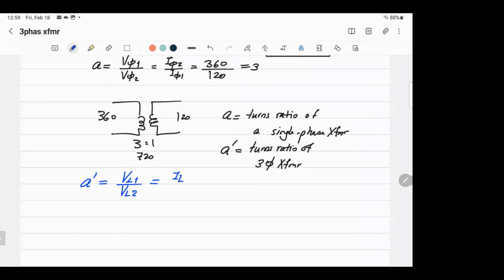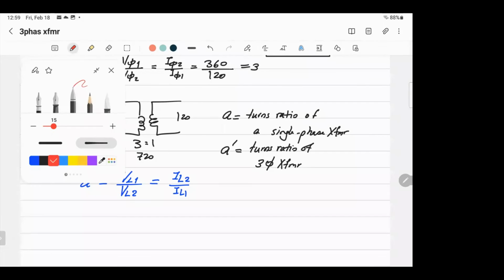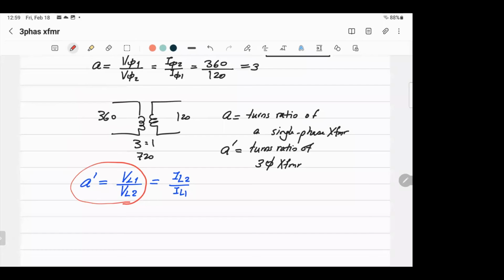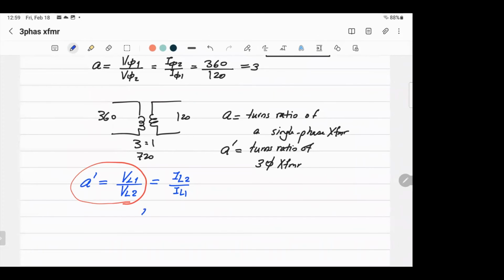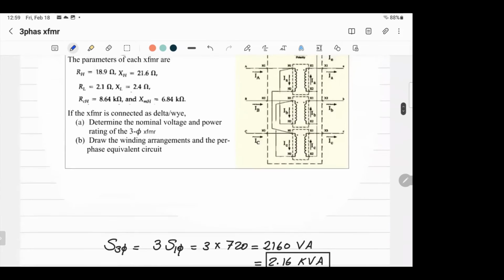I want to make sure that you understand how you can get it from this part. Just use this part to get A dash. Well, it's easy. I will say A dash equals the line voltage, but you have to know now the connection, delta or Y.